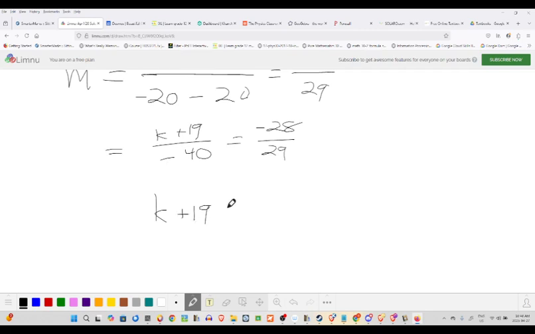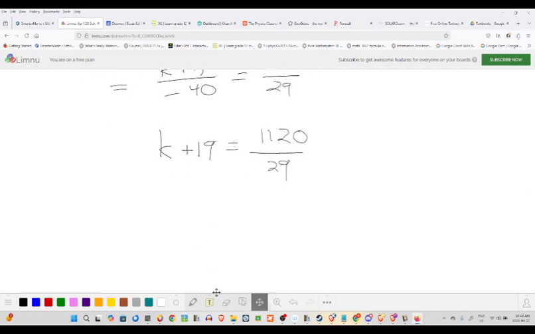So k plus 19, on the left, we multiply by a negative 40. 28 times 40 would be 1,120 if I've done my mental math correctly, and that is over 29. So then K would be 1120 over 29 minus 19.